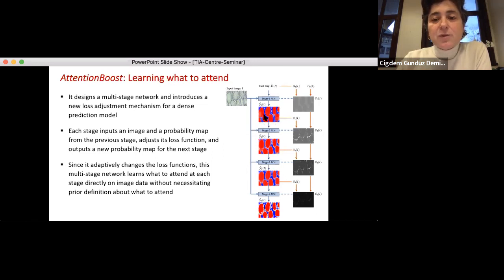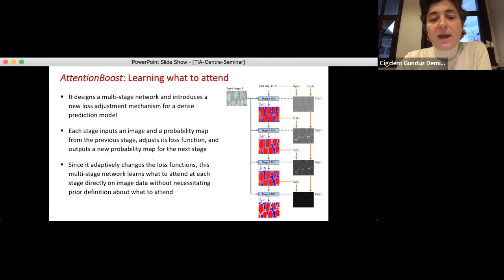So it takes this probability map and calculates a weight map, paying more importance to these pixels, makes the change in its loss function, and then outputs a new probability map for the next stage. And as you see here, we now have better predictions for these incorrectly predicted pixels.